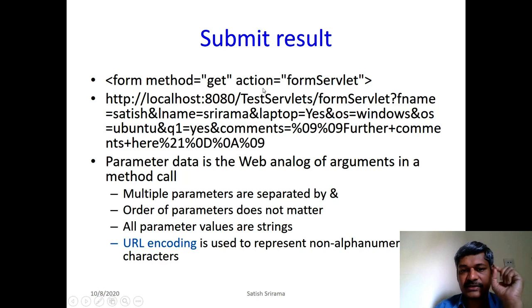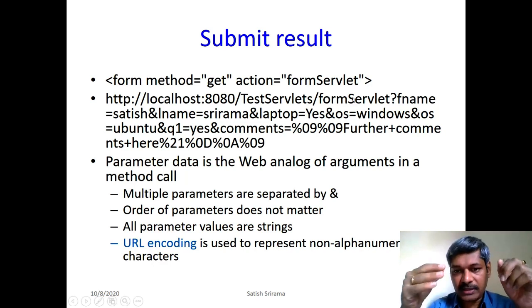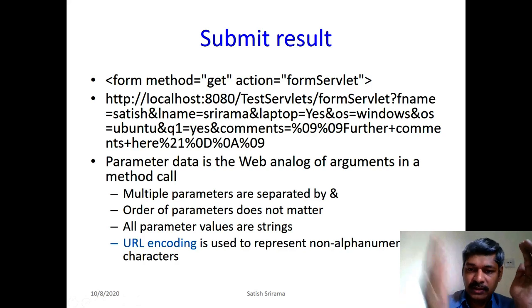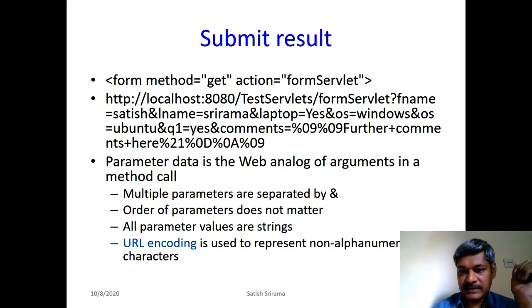Once you click the submit button, it is the form servlet which is invoked. The servlet can have exactly the same name, or a different name. We have already seen how we can annotate a servlet and specify a specific address. In this case the servlet exists at localhost:8080/test servlet/form servlet.